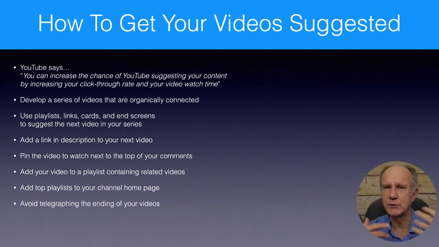As I talked about earlier, the YouTube algorithm wants to serve viewers videos or topics that they like. So if they like the topic and the video, you should make another video on a similar topic.